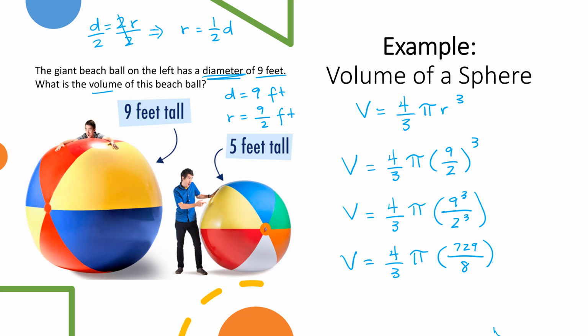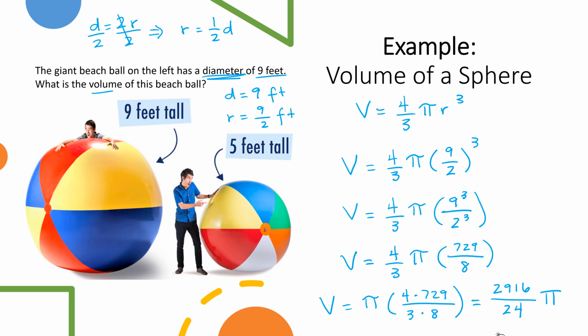So now we can rewrite, we have pi times 4 times 729 over 3 times 8. 4 times 729 is 2,916. 3 times 8 is 24.